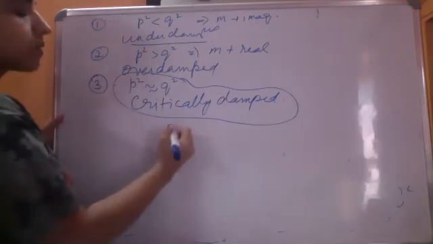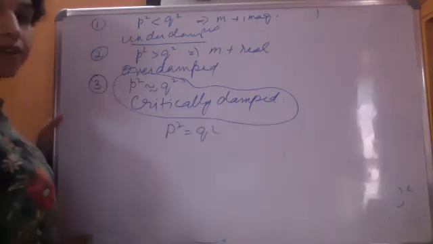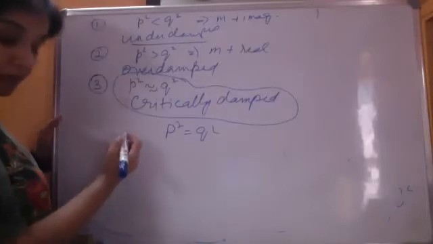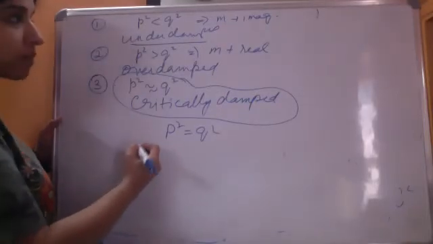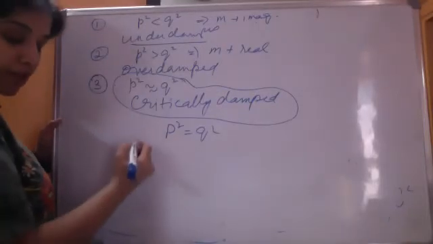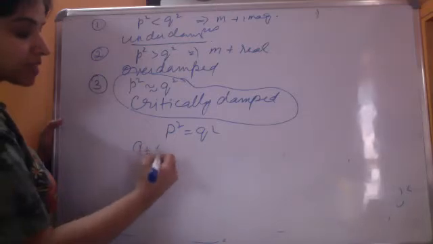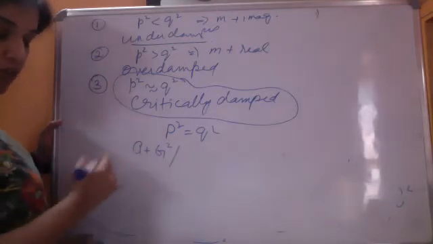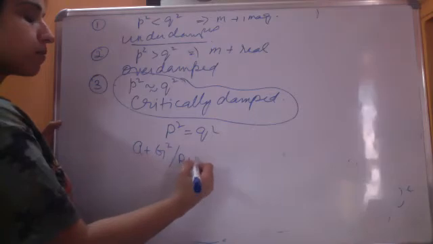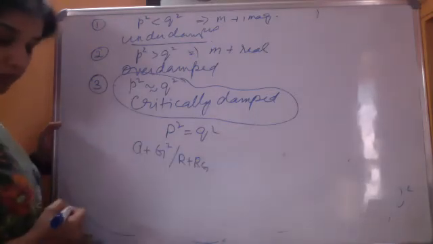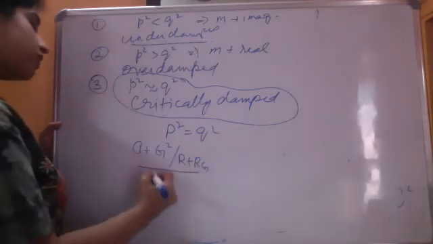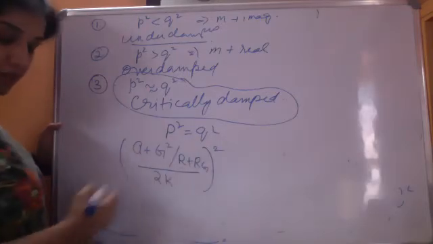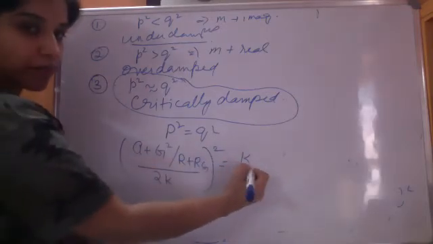What does P square equal to Q square mean to me? Let's substitute for P square. P square is ((R plus RG) over 2K) whole square, and it is equal to C by K.